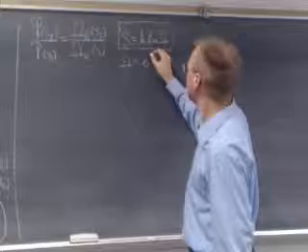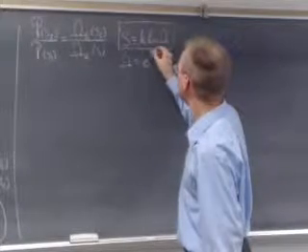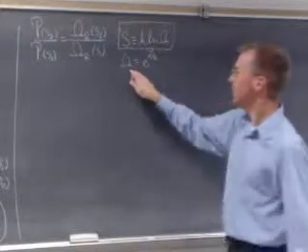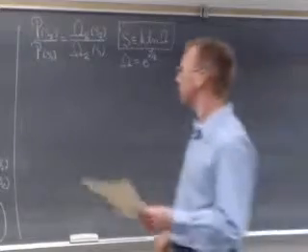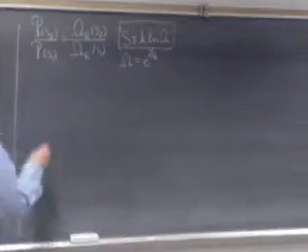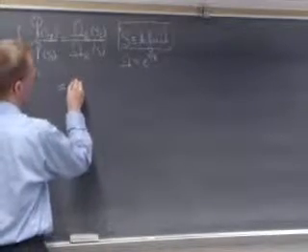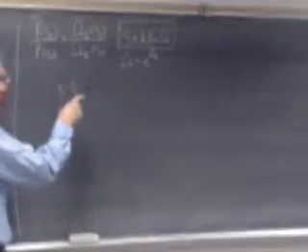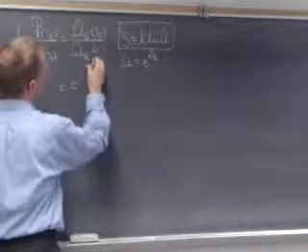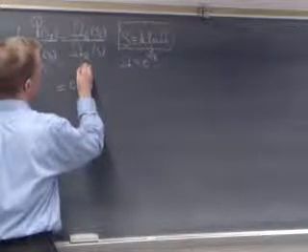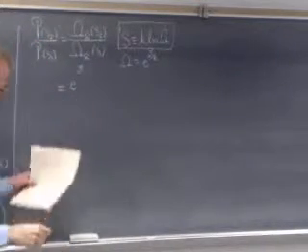Exponentiate both sides. So omega is e to the S over k. And this ratio of probabilities is a ratio of exponentials of multiplicities.